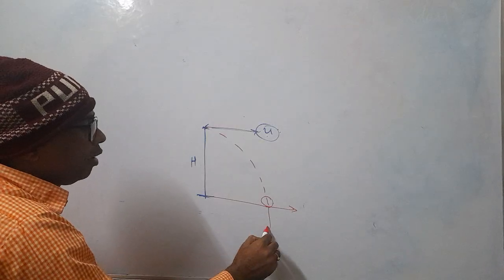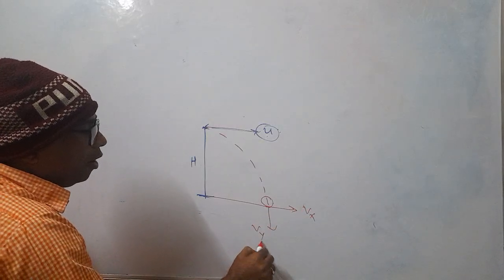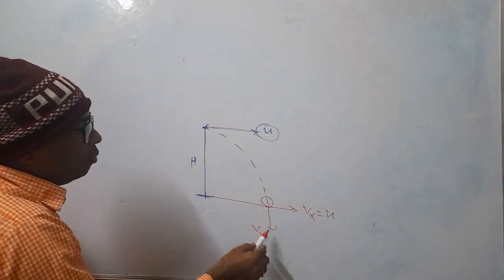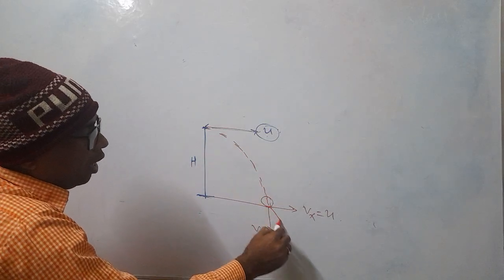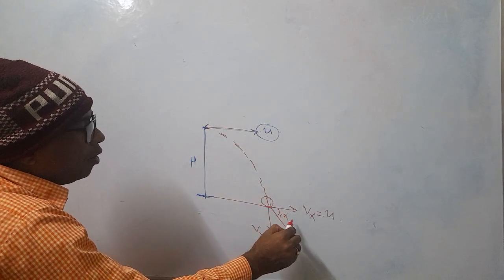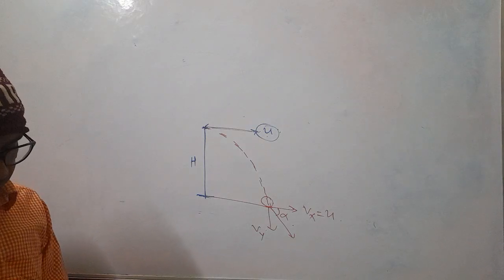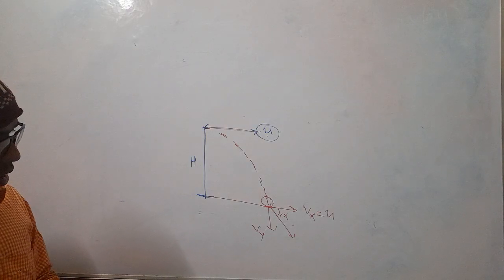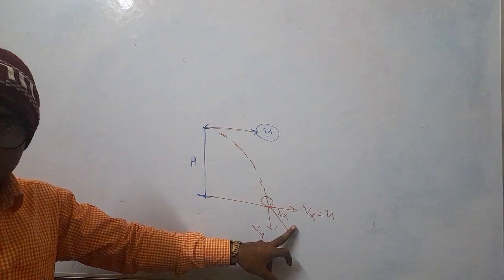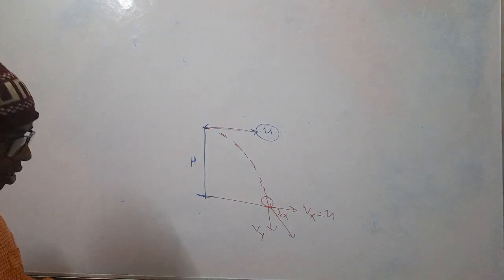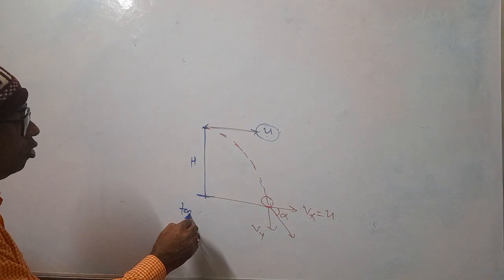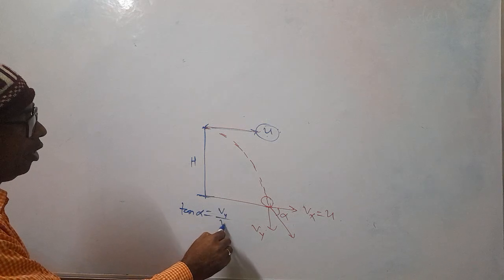And here the velocity components are Vx and Vy. Vx is u. We get Vy and then we get the angle of landing, alpha, which is very important for the question for JMN, because tan alpha equals Vy by Vx.